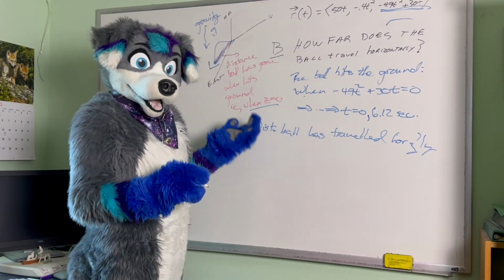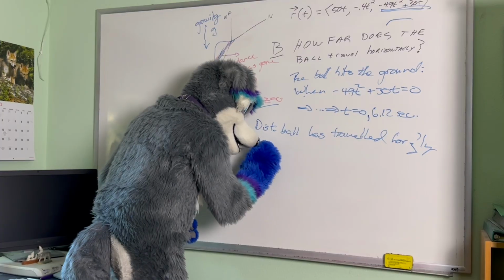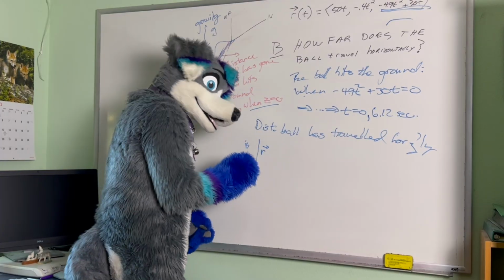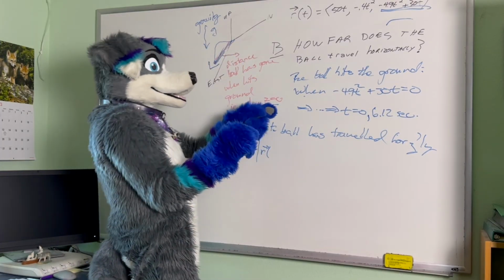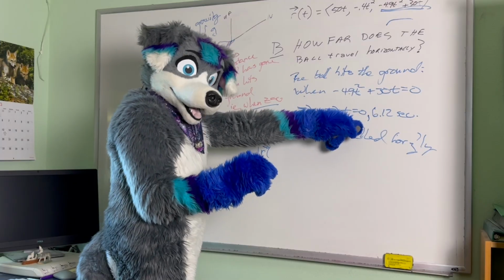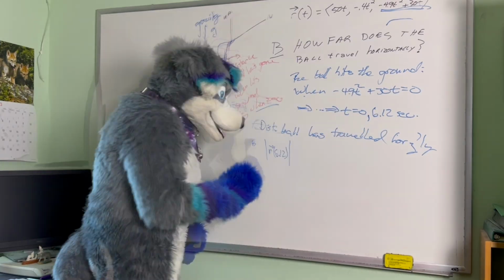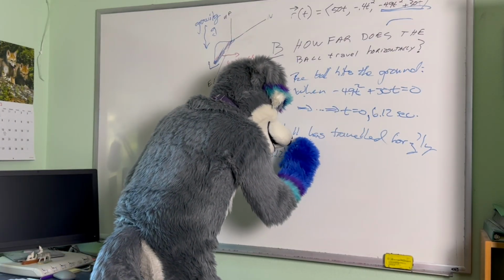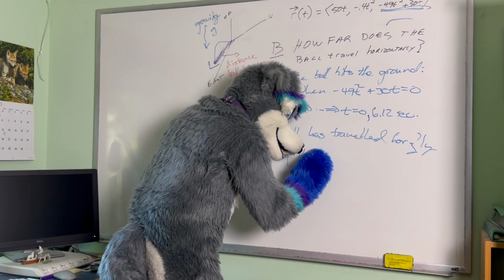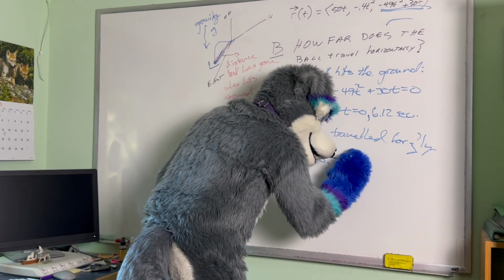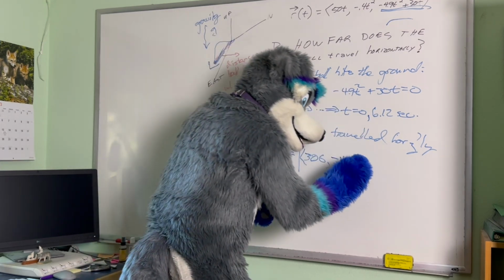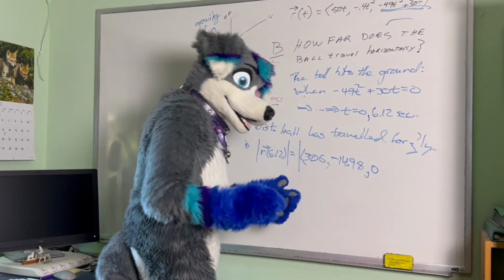Or just think of this as from the origin. I'll write it in a more mathy way, the magnitude of this vector after the 6.12 seconds when it's actually hit the ground, which, if you plug all these in, you should get 306, negative 14.98. And you're not surprised that the third component here is 0 because it's on the ground.